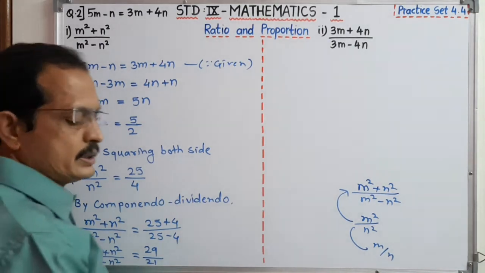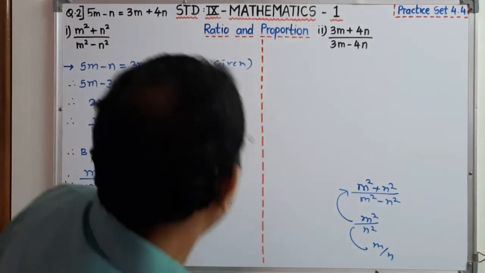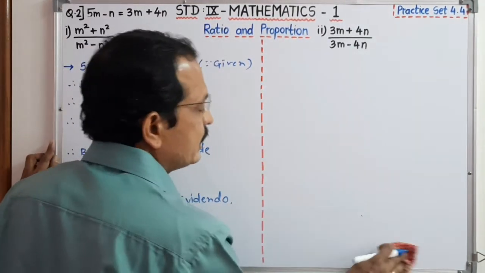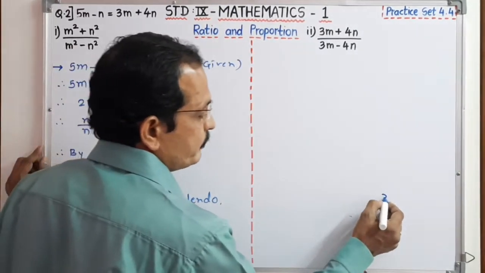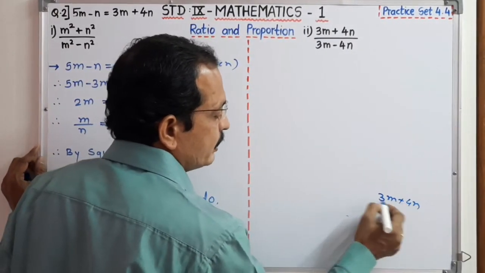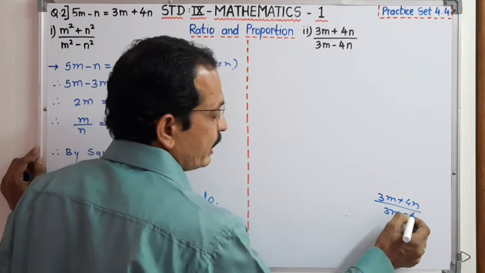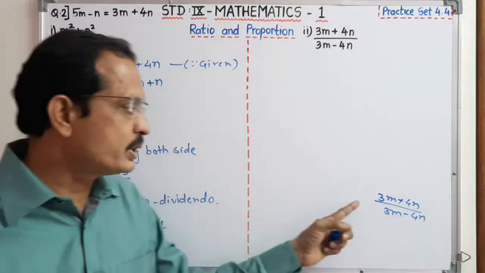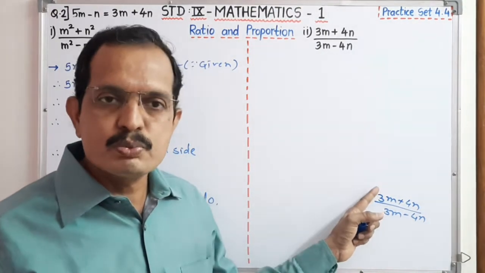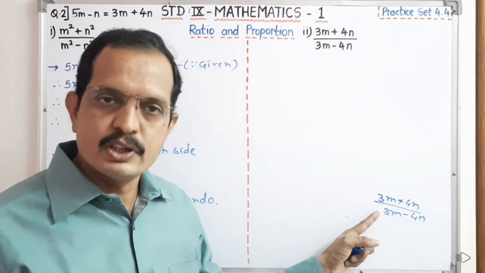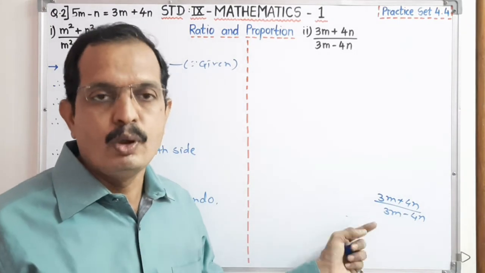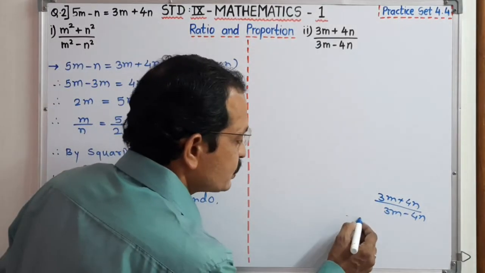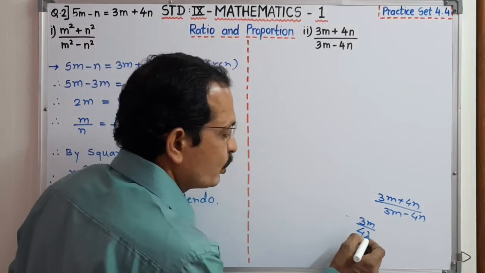Now dear student, see, we have to find out the value of another expression, that is 3m plus 4n upon 3m minus 4n. As we previously thought, similarly we have to think here also. Which property is applied here? Dear student, it is componendo dividendo. But on which ratio? It is on 3m upon 4n.